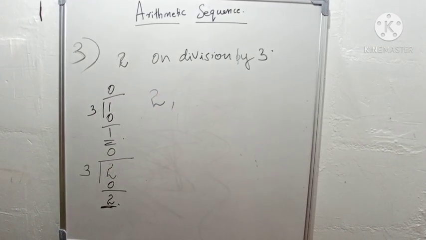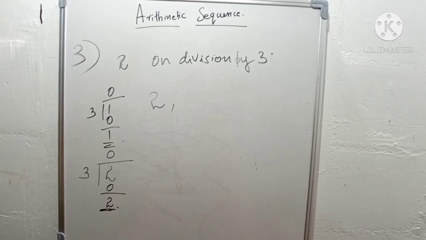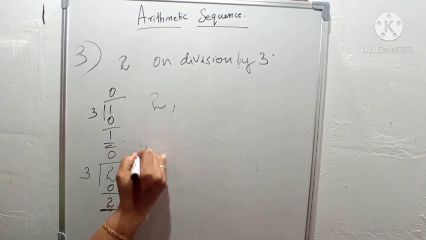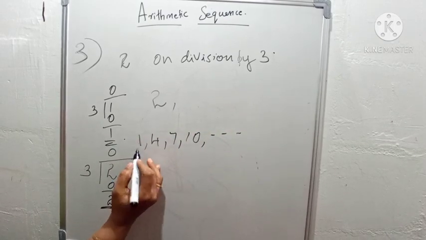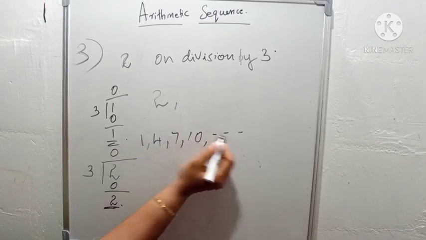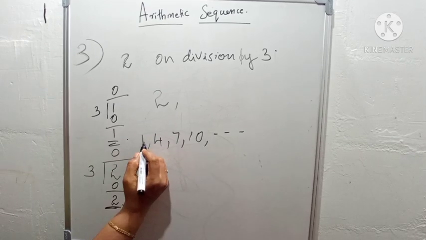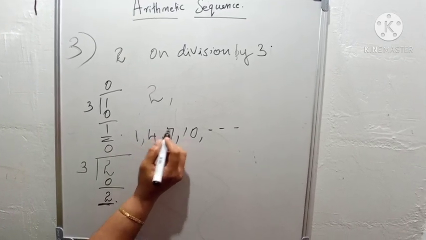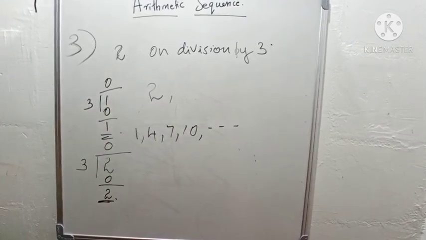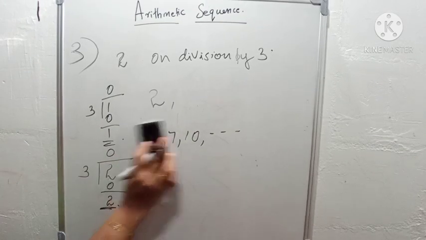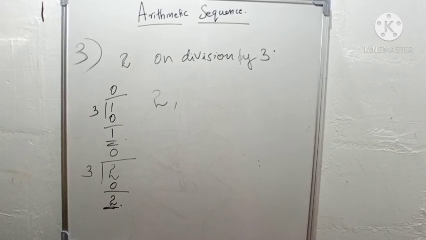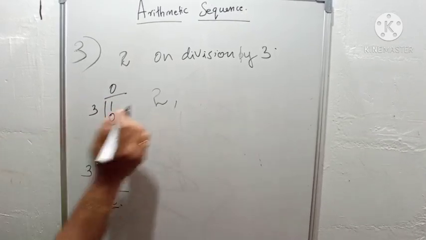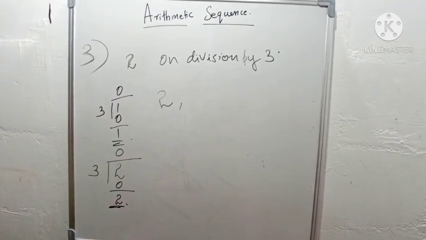Then what will be the next number in that sequence? Yes, if we consider the sequence 1, 4, 7, 10, and so on, what is the difference between each term of the sequence? See, 1 plus 3 is equal to 4, 4 plus 3 is equal to 7, like that. Here also we divide by the very same 3. So how do we find the next term of this sequence?